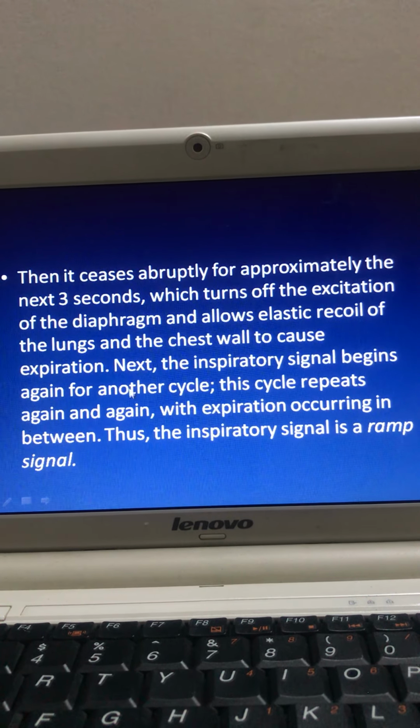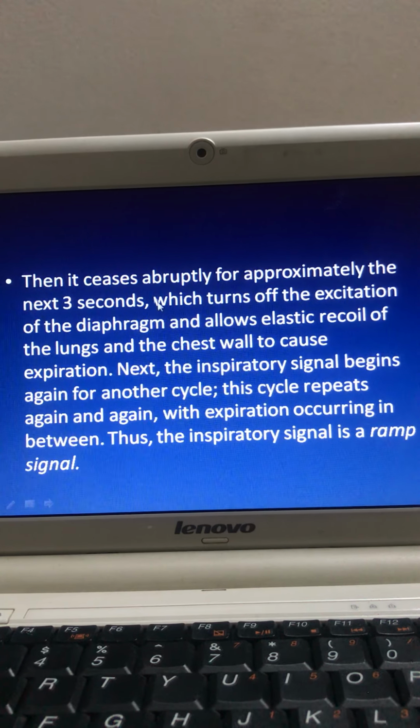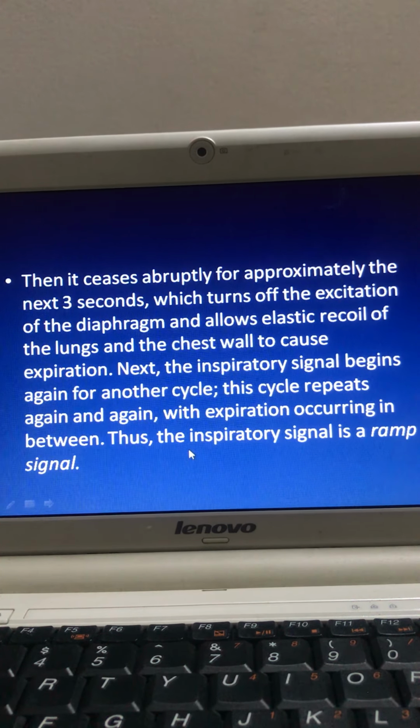The ramp signal is for inspiration, because we know that inspiration is an active process and quiet expiration is a passive process.